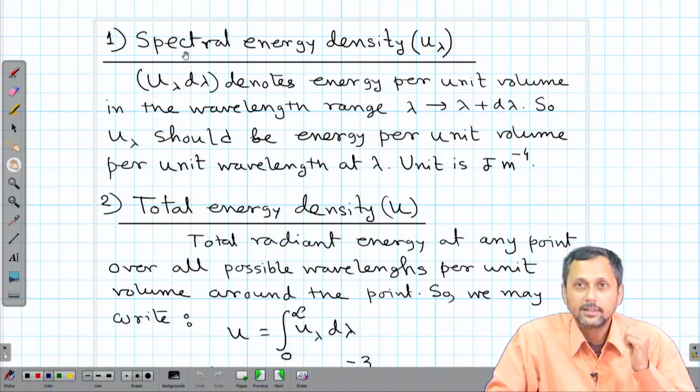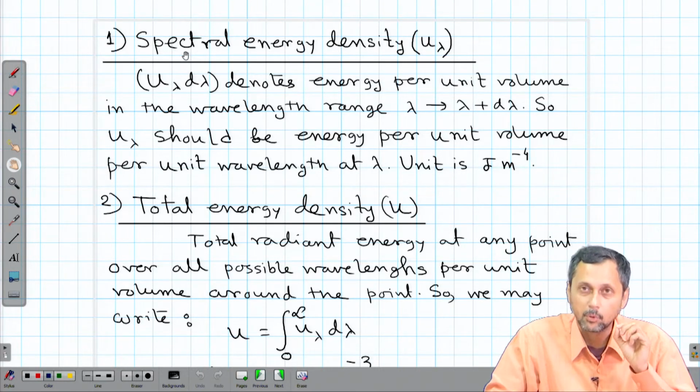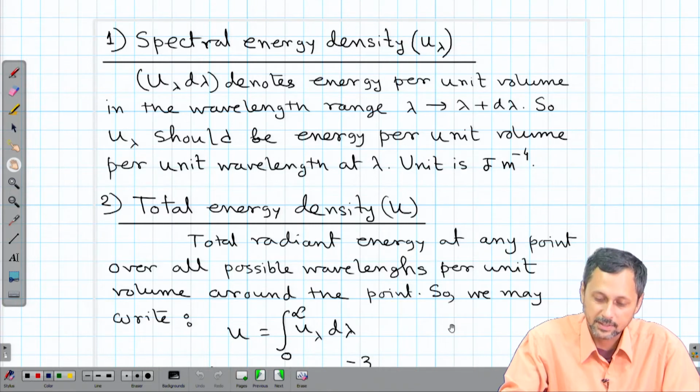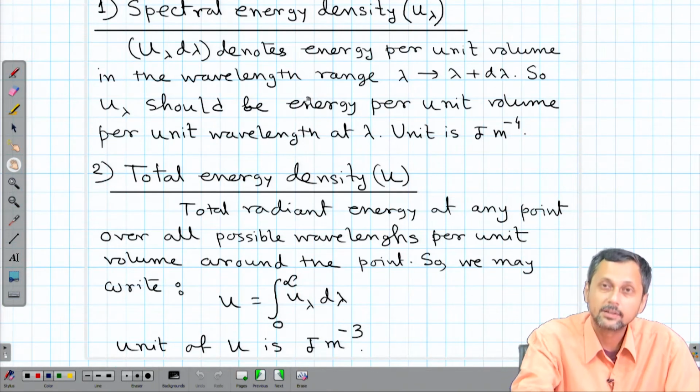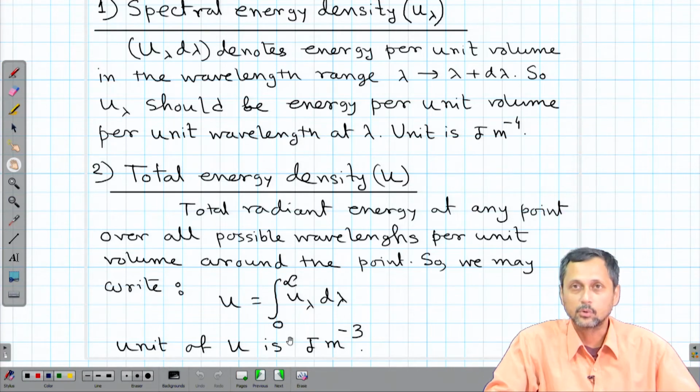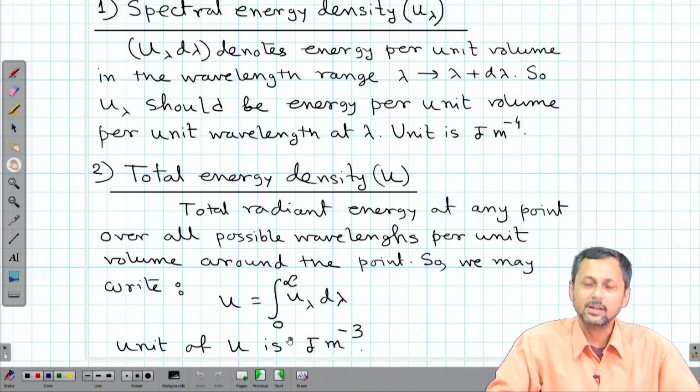Similarly, the total energy density, which is the total radiant energy at any point over all possible wavelengths per unit volume around that particular point. So, we can correlate these two and write U is equal to the integration from 0 to infinity of U lambda d lambda, where the integration is over all possible values of the wavelength.